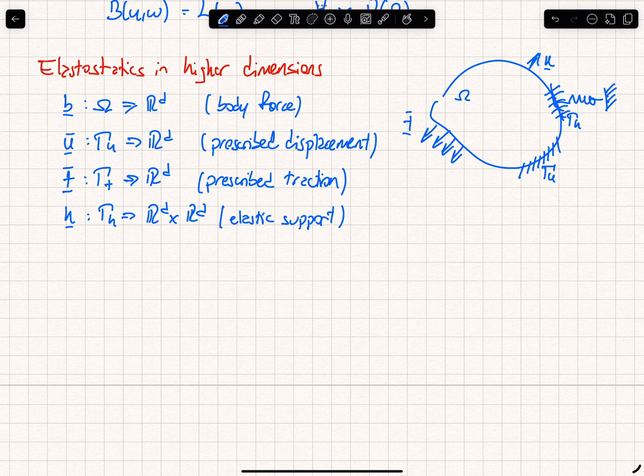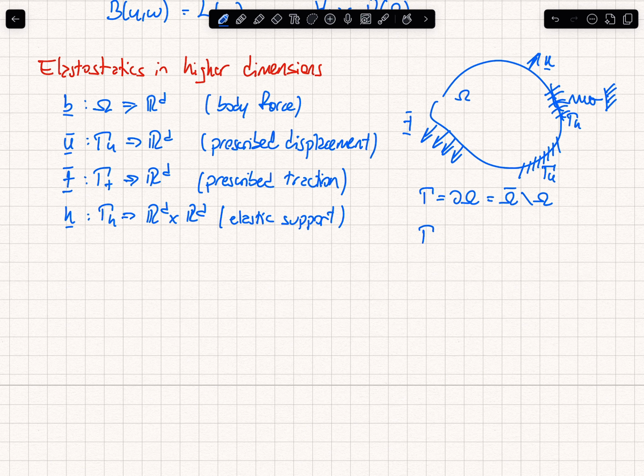Remember that as we usually do, we define the boundary, our gamma is equal to our d omega. We define that as the closure minus the open set.